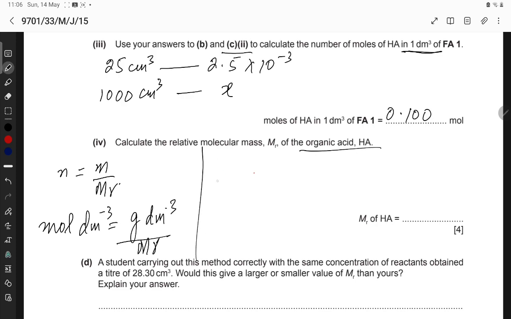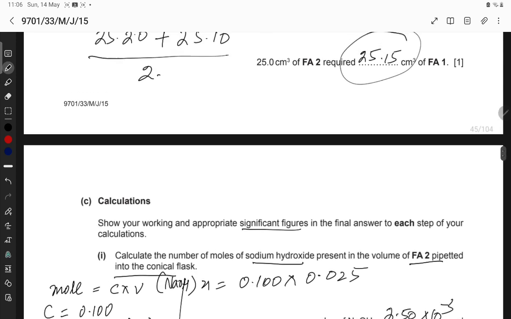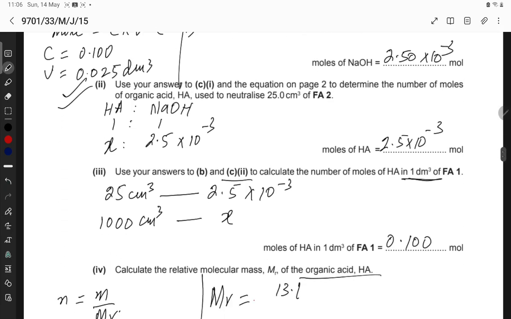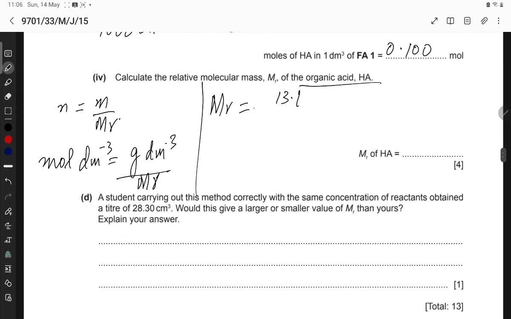So Mr is equal to 13.1, which is given on the first page of the question, 13.1 g per dm³. So this is 13.1 divided by the moles, 0.100, and the answer is 131. So Mr of acid is 131.